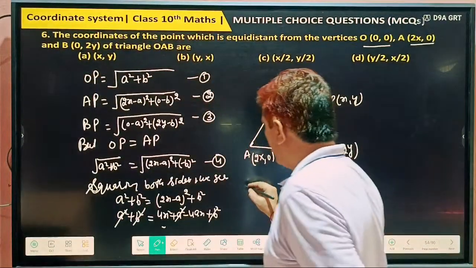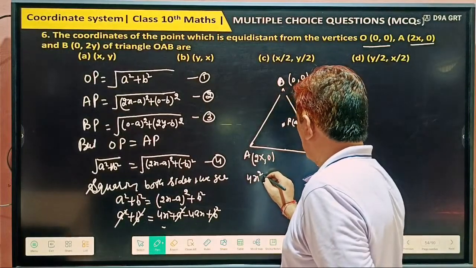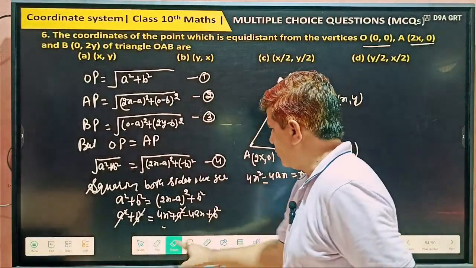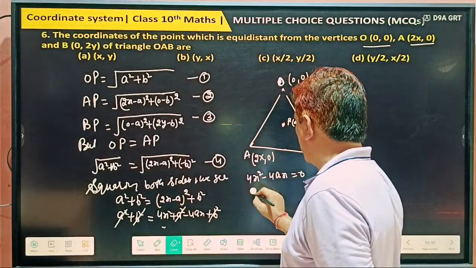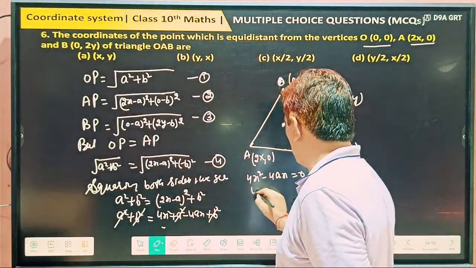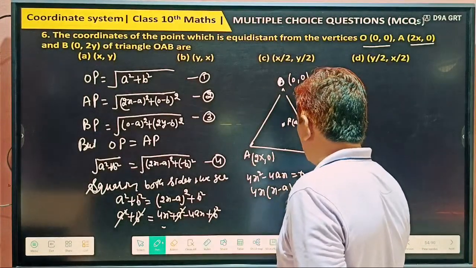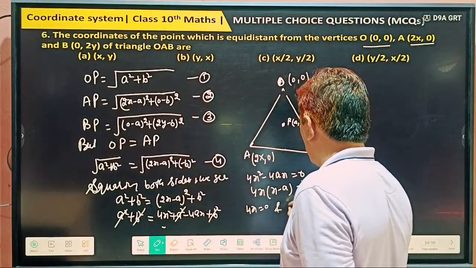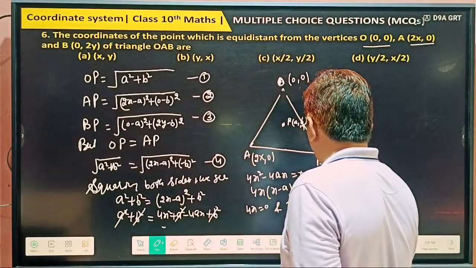So we can write 4x square minus 4ax is equal to 0. What is common? We have taken 4x common. So x minus a equal to 0. So 4x equal to 0 and x minus a equal to 0. So x is equal to a.